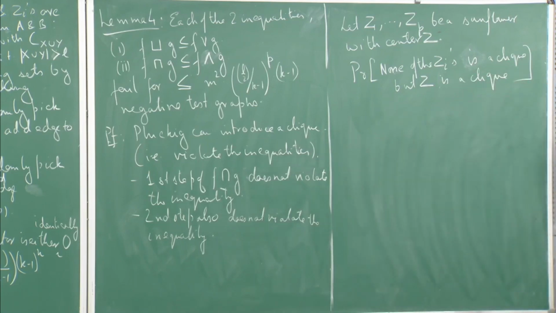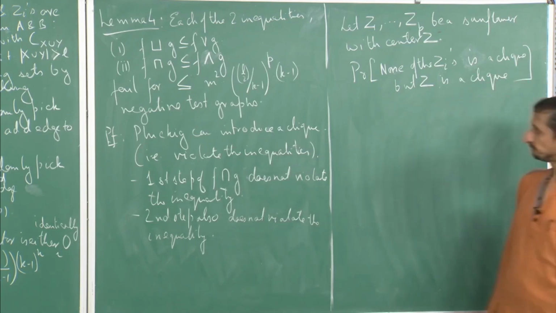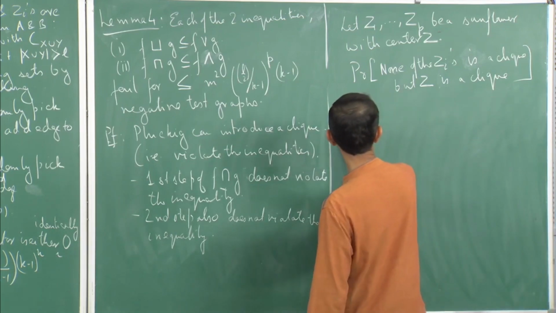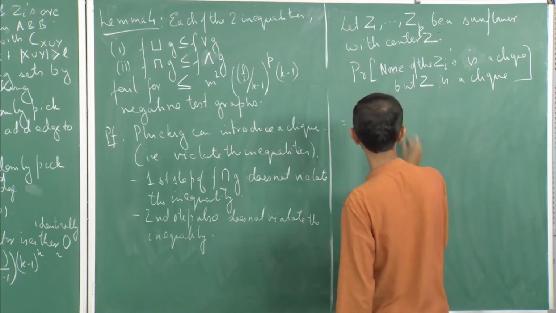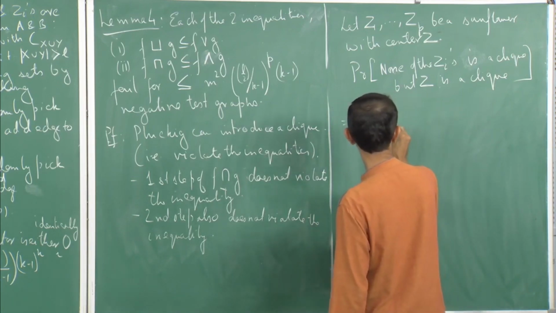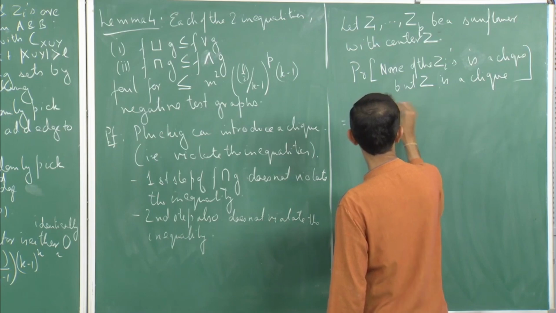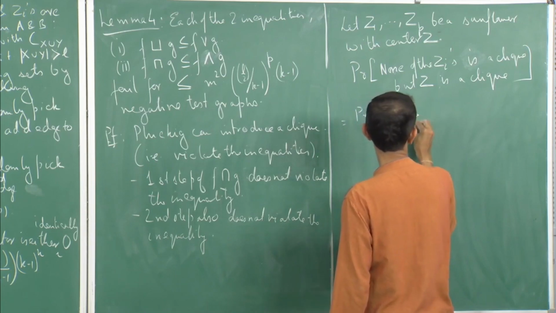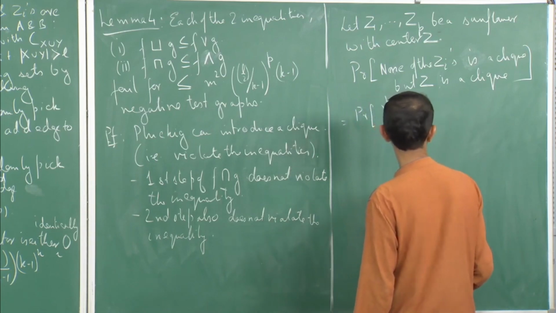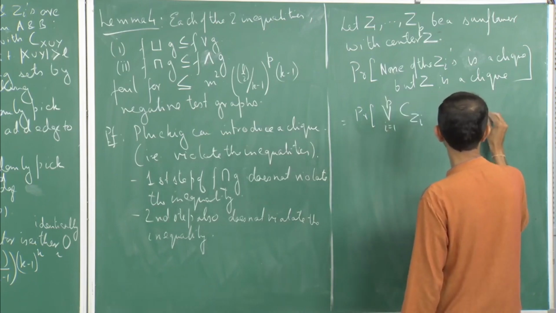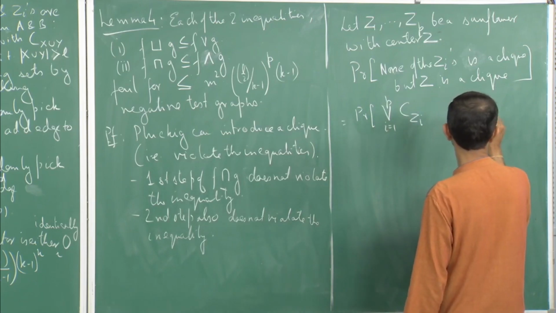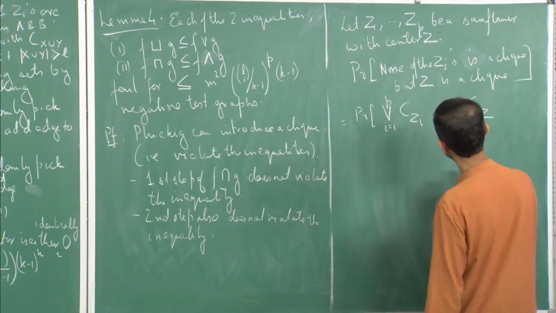This is what I want to compute. Now, what is this equal to? When is none of the Zi's a clique? I can write this as the OR of i going from 1 to p of CZi, and CZ.